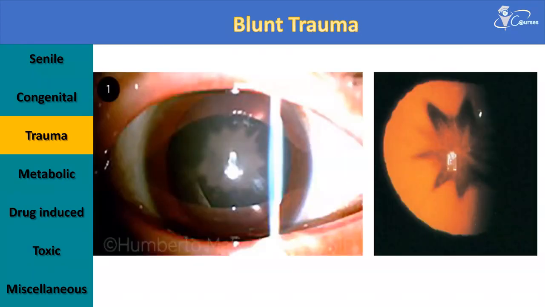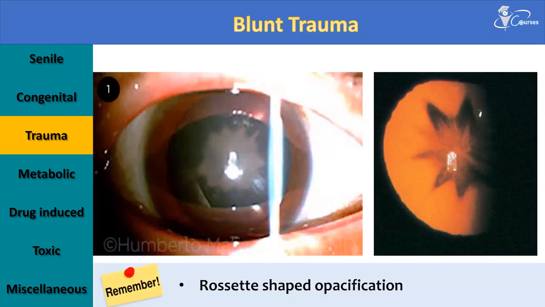Another manifestation of blunt trauma will be this rosette-shaped cataract. Rosette-shaped opacification is a result of blunt trauma, which results in this characteristic pattern, sometimes referred to as stellate cataract. It is usually present in the center, in an axial location, usually involving the posterior lens capsule.